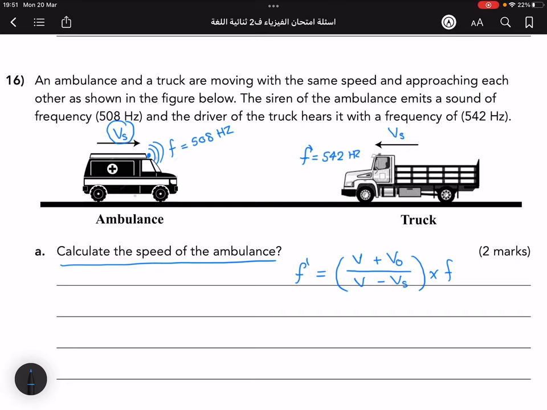But now you need to remember that the observer is the driver of the truck, and the driver of the truck is moving with the speed of the truck.